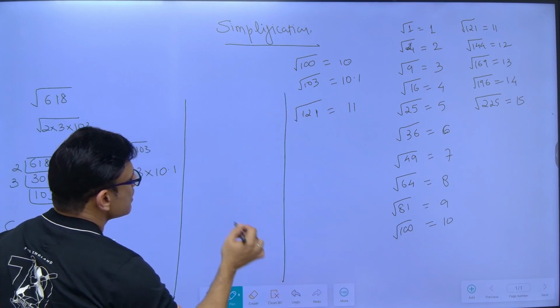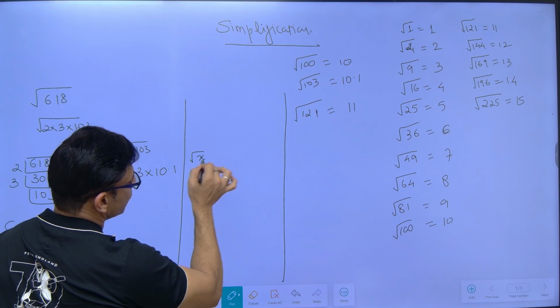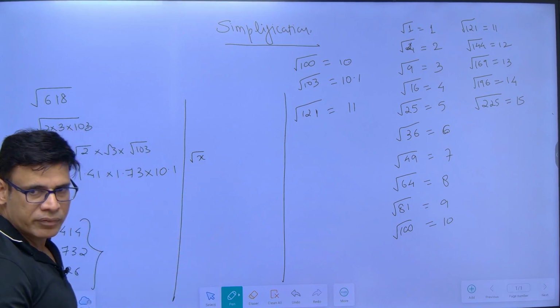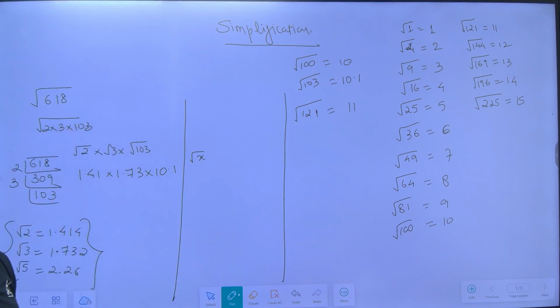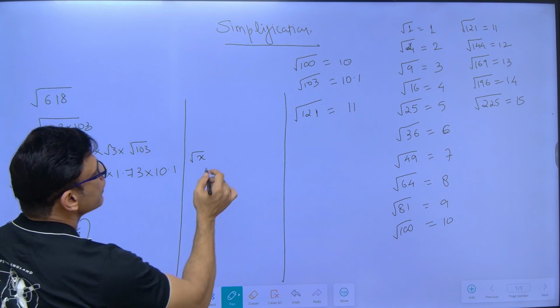Suppose there is a number x which is not a perfect square, and you have to find out the under root value of it. So how to do it?